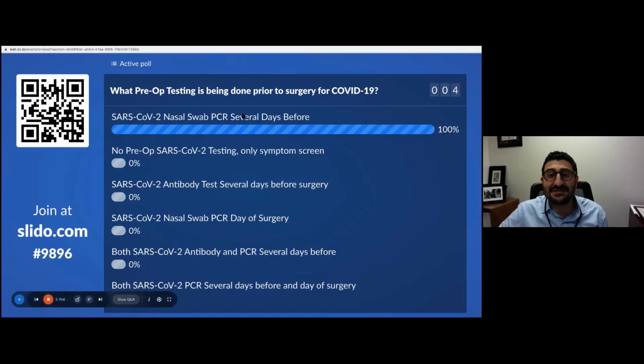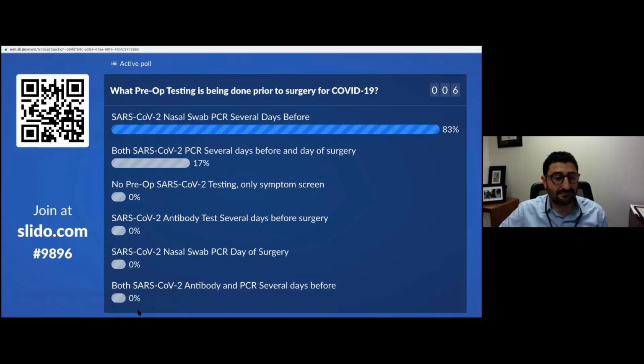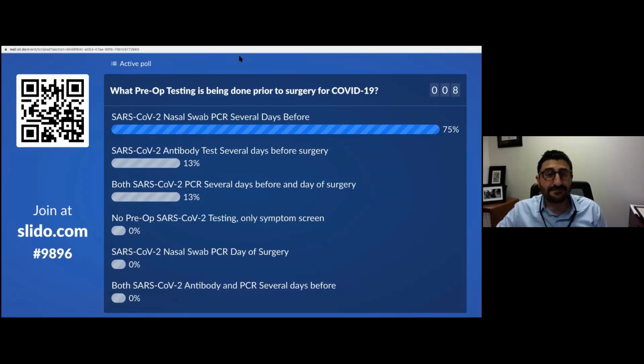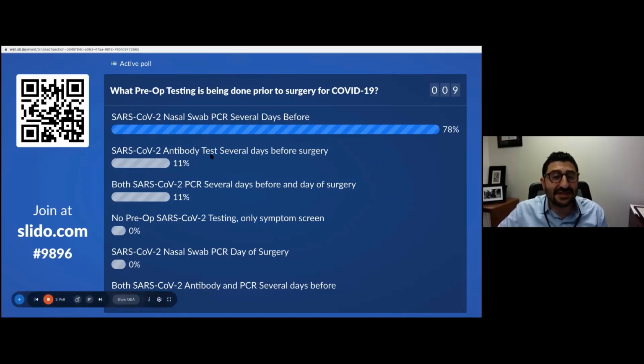All right, antibody test and double testing.